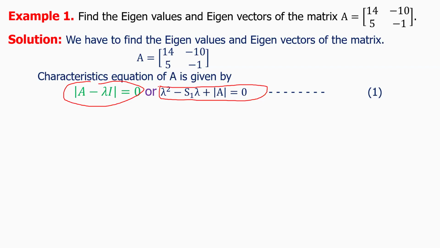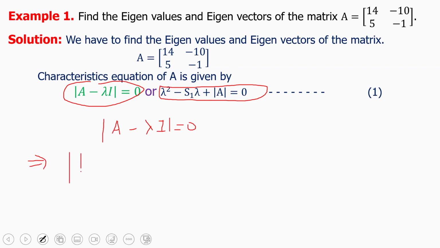Let us first take the first equation, determinant of A minus lambda I equal to 0. Here, what is the value of A? A is nothing but the matrix [14, -10; 5, -1] minus lambda times [1, 0; 0, 1].